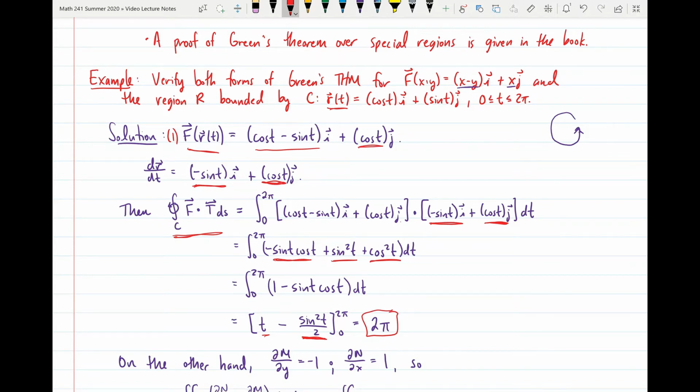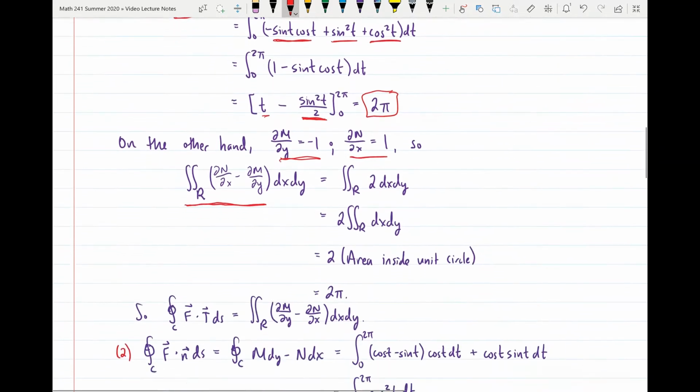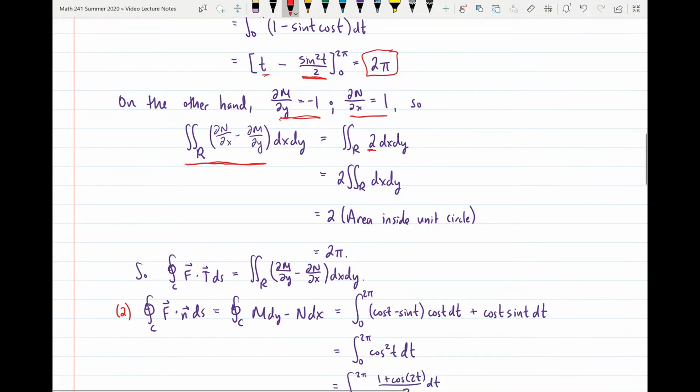The partial derivative of M with respect to y is then -1, and the partial derivative of N with respect to x is then 1. So the double integral of partial N with respect to x minus partial M with respect to y over the region R is equal to the double integral of just 2 over the region R, which is enclosed by the unit circle, just the unit disk.